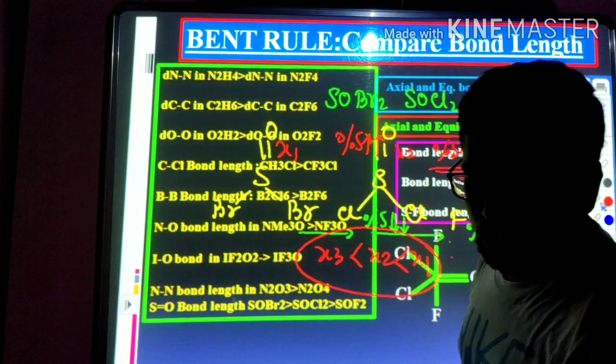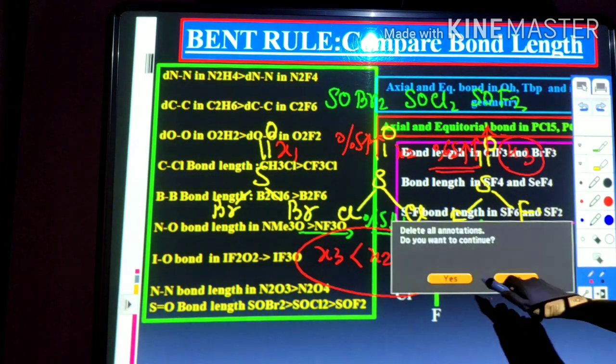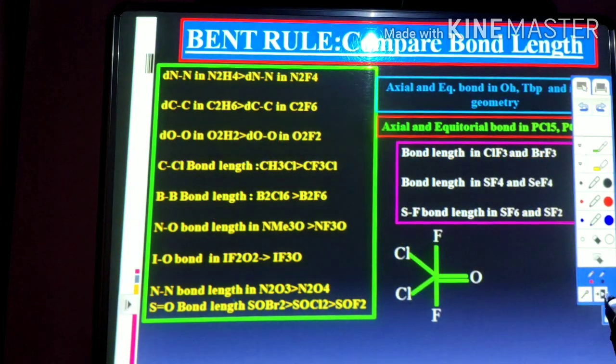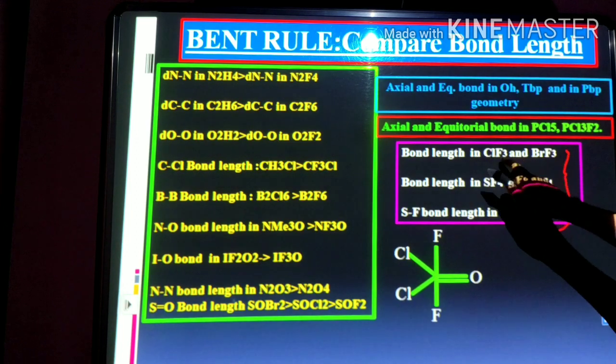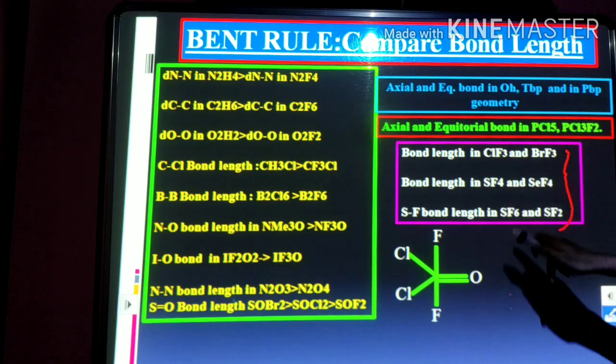Now, one more interesting thing that you might sometimes be confused about when comparing bond lengths: ClF3, BrF3, SF4, SeF4, SF6.